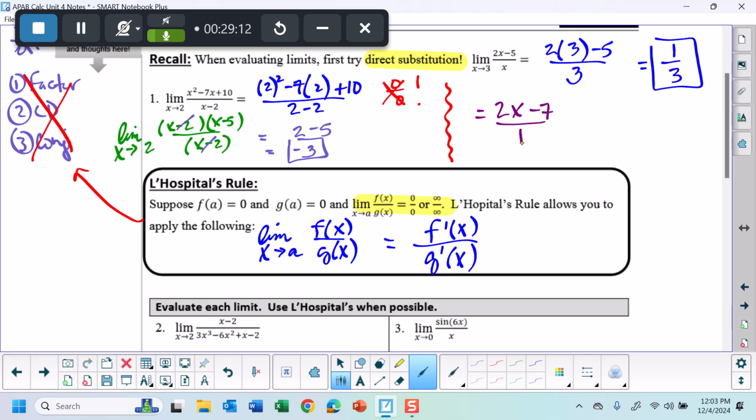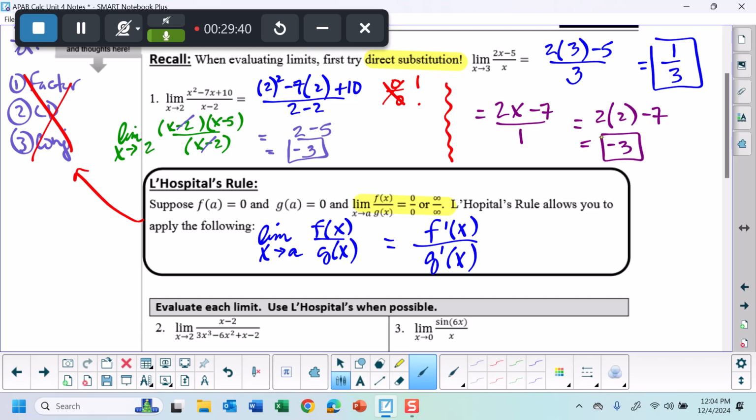If I take the derivative of my denominator, I get 1. If I plug in a 2, then I get my -3.